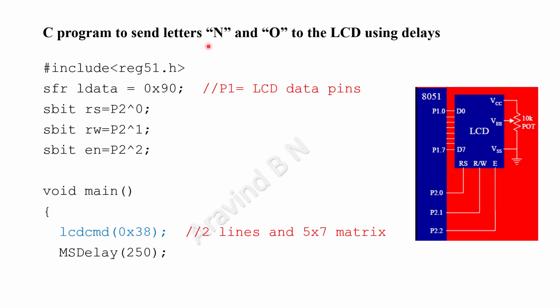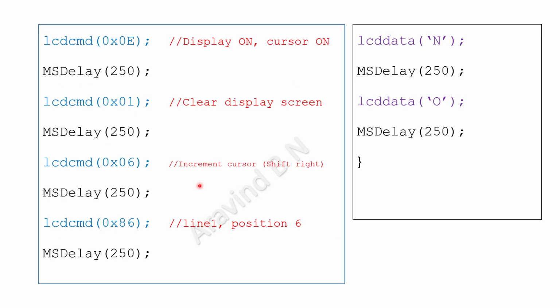So here is a C program to send N as well as O to the LCD using delays. For the same question, this is the C solution we are going to have. The first part is the initialization part up to this point, and then in the main part of the program, first we need to send the command. Starting with 38, then continuation 0E, then 01, 06 and 86.